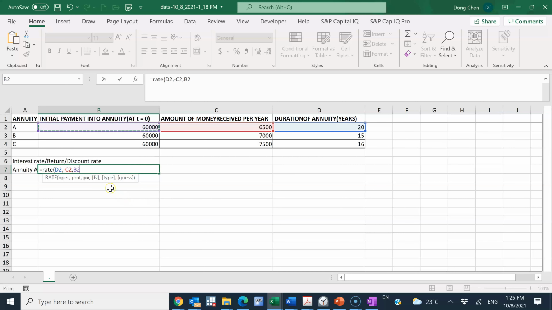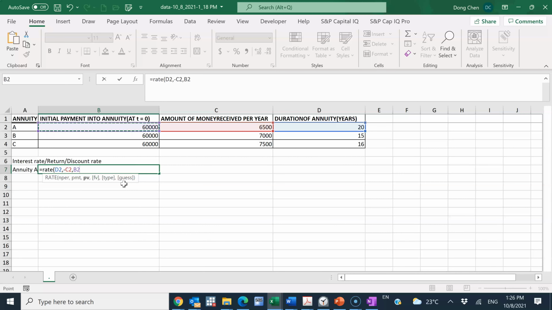And the type basically means the end-of-year or beginning-of-year convention. And the guess value is because Excel basically uses trial and error to figure out the discount rate. Hence, the guess value is the starting value of this trial and error process.